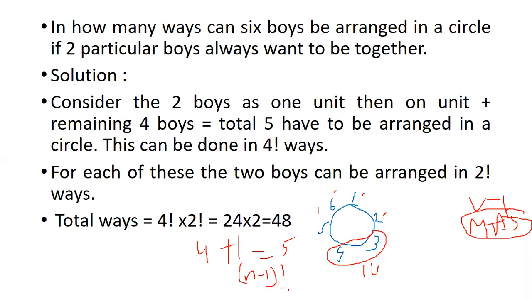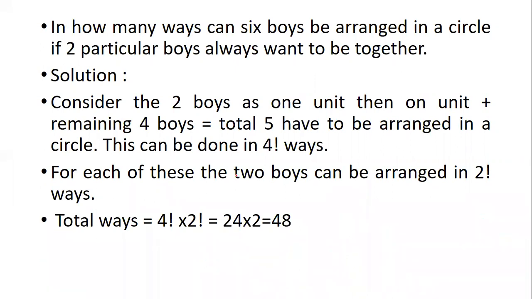Yes, that is the formula. So which is nothing but 5 minus 1 factorial, which is equal to 4 factorial ways. Okay, understand? I'm going to repeat the answer once again. Please concentrate here and understand it well.